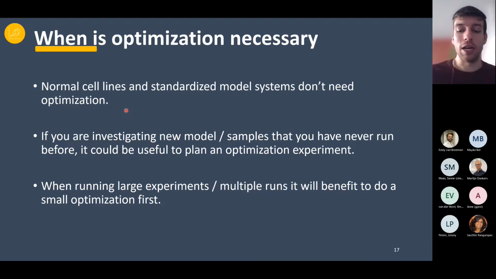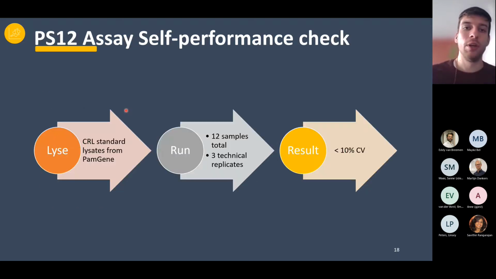Another application for this exercise chip is to check the performance of your PAM station. You can imagine that if you haven't used your PAM station for a while, you might want to check if everything is still in working order, if you can still get trustworthy data from it. If that's the case, then please use one of our exercise chips. As I mentioned before, we will deliver them to you for free.